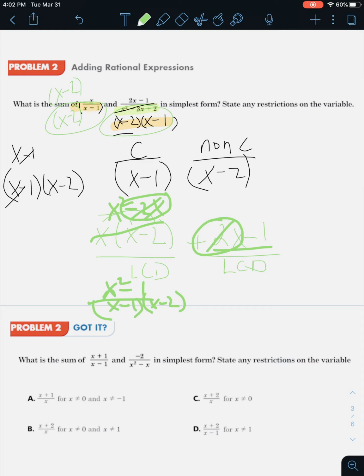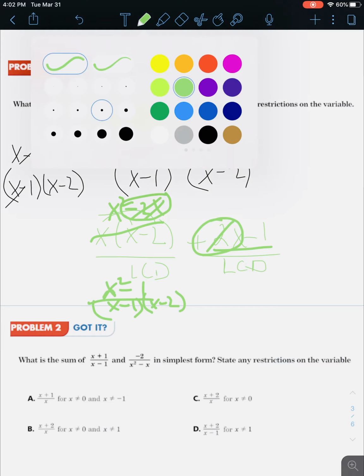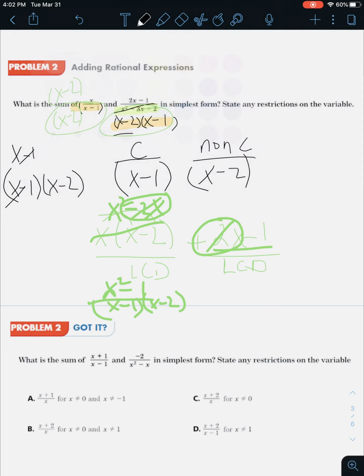So we take our numerator, x squared minus 1. Hey, that's the difference of two perfect squares, which would be (x plus 1)(x minus 1), over the denominator (x minus 1)(x minus 2).